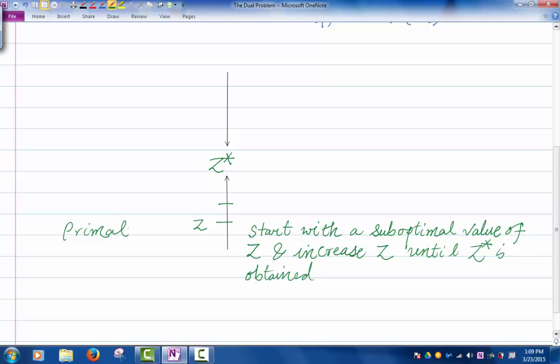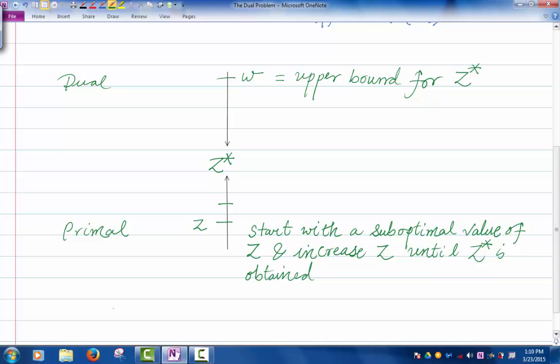The idea of the dual problem is that we want the solutions of the dual problem to give you upper bounds for Z star. Is that making sense? So in the dual world, what we want is that the values of the objective function to be an upper bound for Z star.